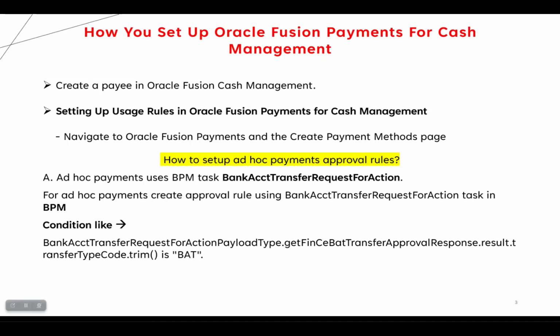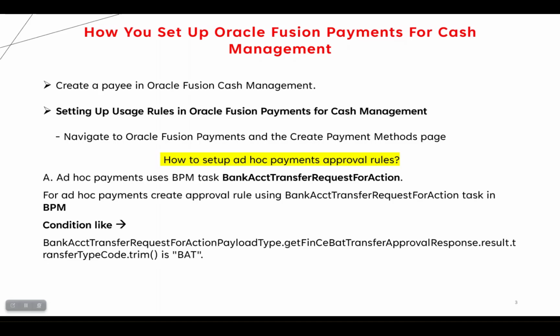This is also how to segregate between the approvals for PAT and ad hoc. You put these conditions to tell the system that these BPM approvals are only for bank account transfer, so the system will know that this will not be applied to the ad hoc payment approval.